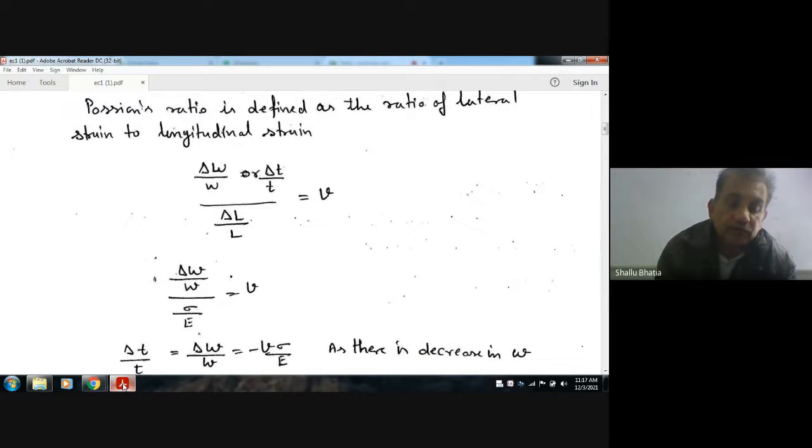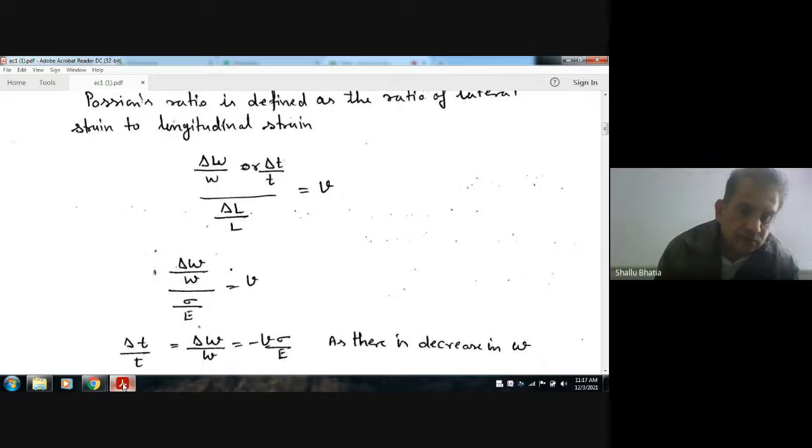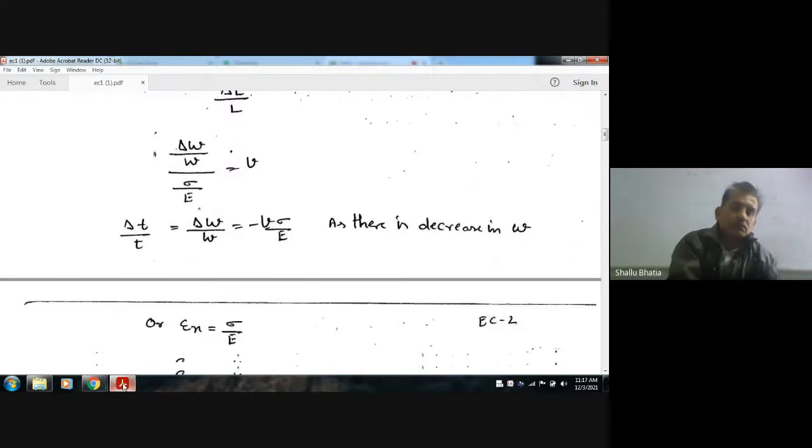If we put the value of del L by L, that is sigma by E, then we can find del W by W or del T by T. We put a minus sign because the change in W and change in T will be opposite to that of the change in L. So if there is an increase in L, then there is a decrease in W and T.